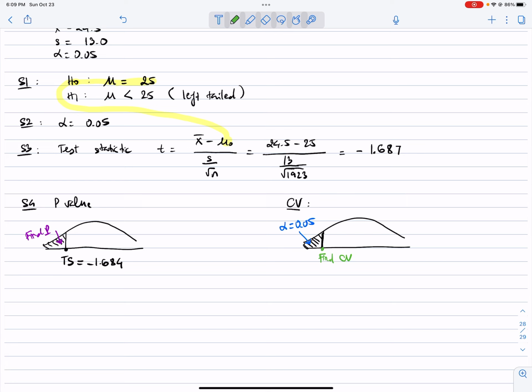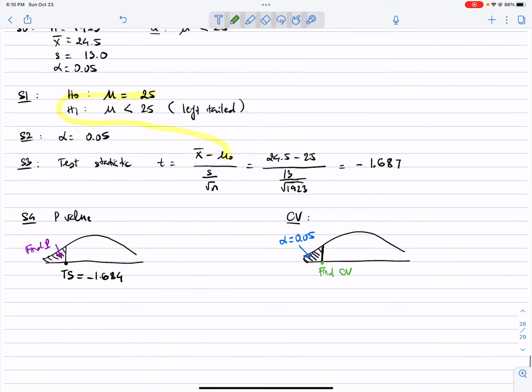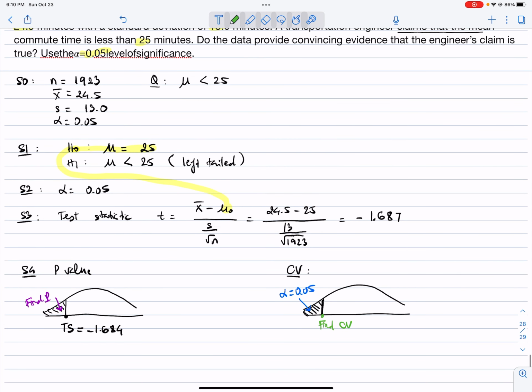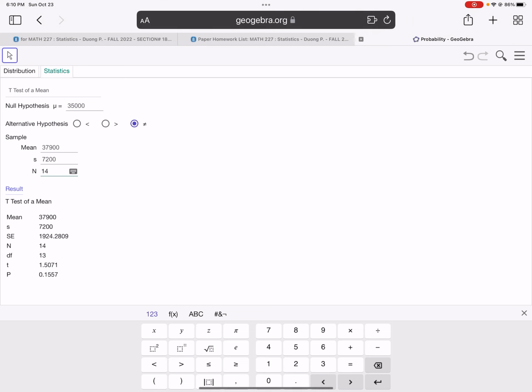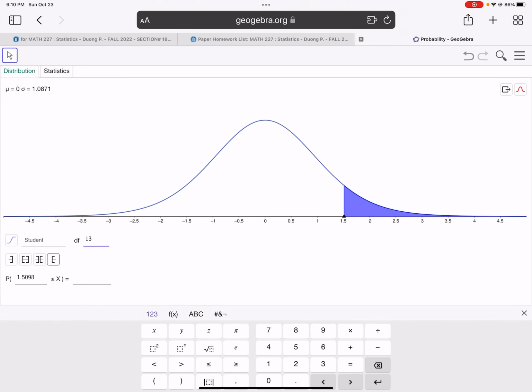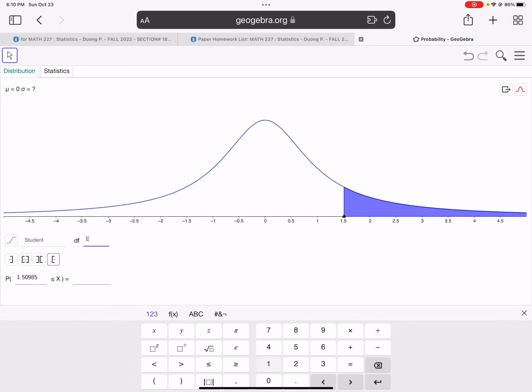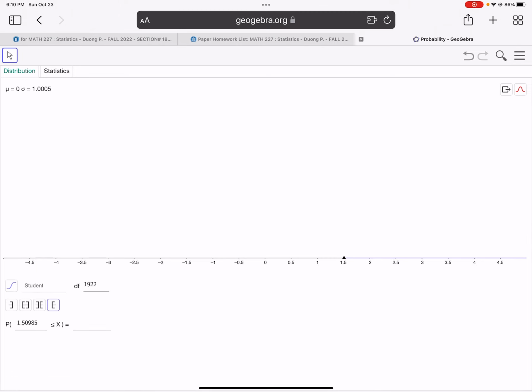So if we want to find the p-value, we will input the numbers in GeoGebra. Now let's go to GeoGebra. The degree of freedom, we will use 1922, and we use the left tail.